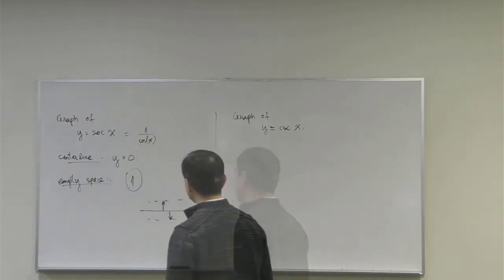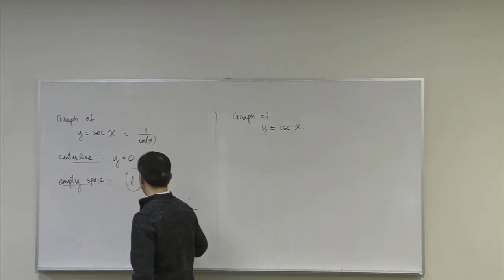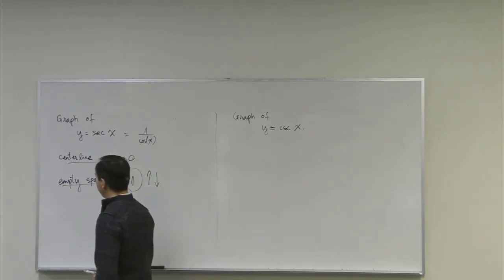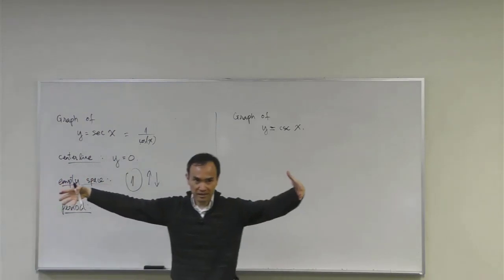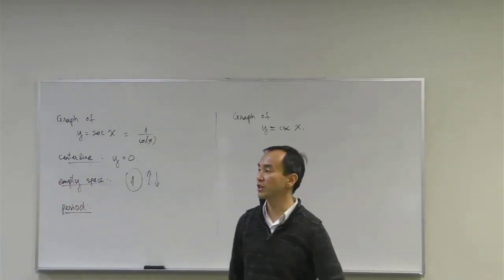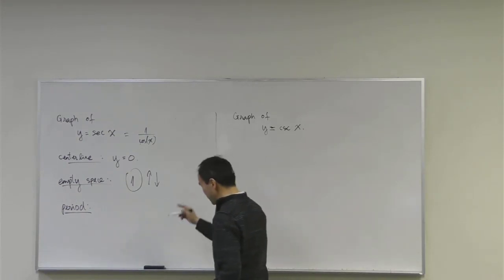One space up and one space down. That's what I meant. And then there's the period: how far your horizontal window is that contains one complete basic unit of your secant graph.